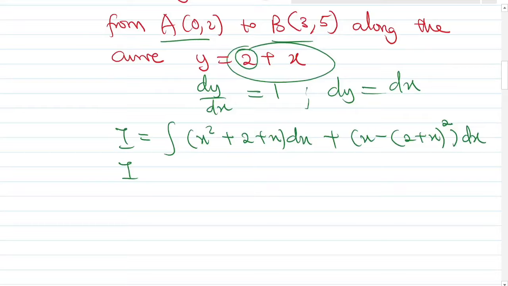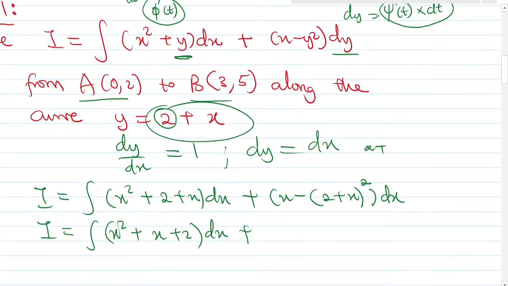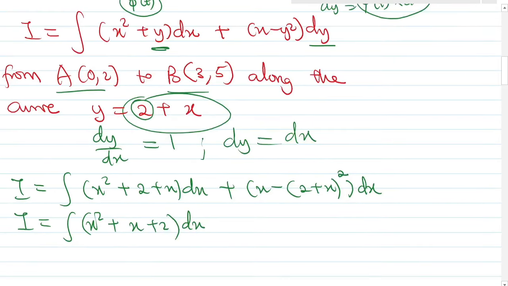Anyway, I will be the integral of x squared plus x plus 2 dx plus, so if you find x minus (2 plus x) squared, that will be 2 plus x multiplied by 2 plus x, that will be 4 plus 2x plus 2x plus x squared.